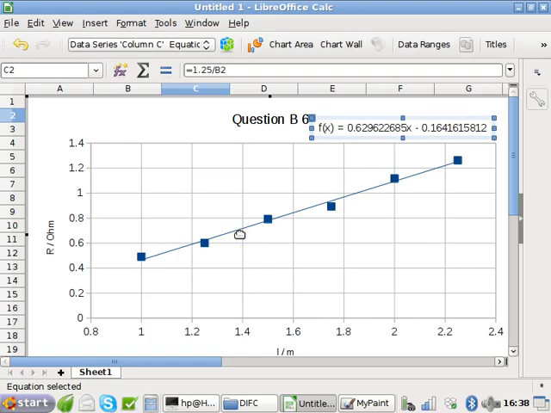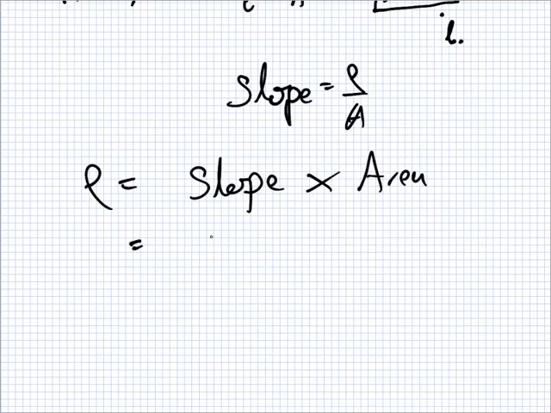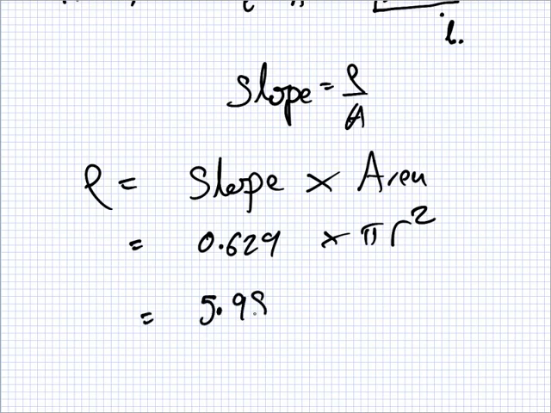pi r squared. And yes, Fahad, it's in millimeters, so then we put in -3. So if I go back here, if my slope was 0.629 times pi r squared, and this comes out as 5.98 times 10 to the -7 ohm meters.